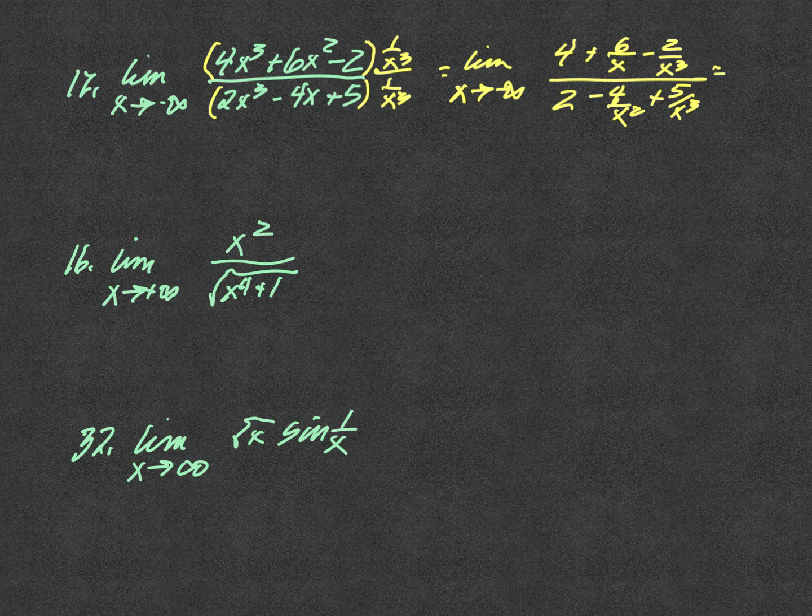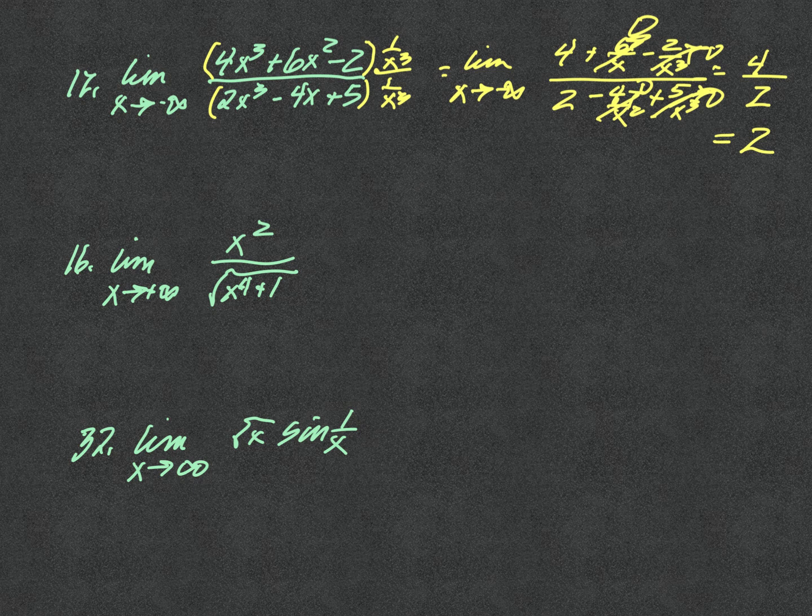And that is going to be equal to, these terms go to 0, right, by the theorem. And so we're going to be left with 4 over 2. And so that gives us our limit of 2.